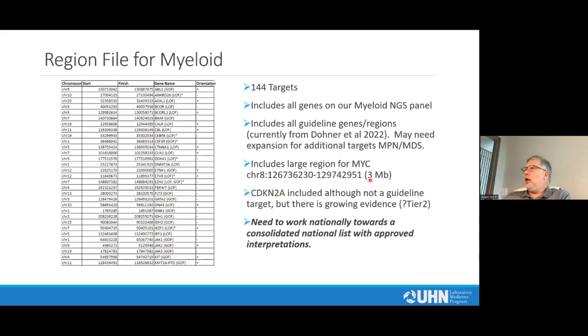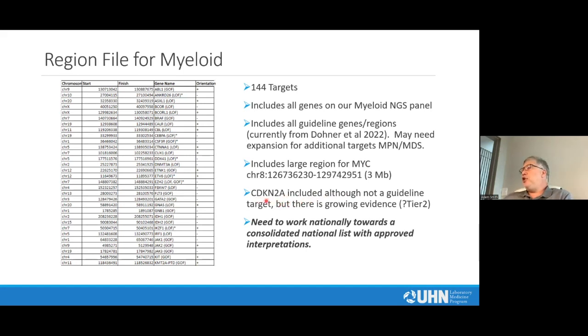So this is a very large region, and it has to be interpreted with some caution. MYC is probably the one with the largest region that we're aware of, but there are others, including genes in the FGFR family, that might need slightly larger regions than just the gene itself.